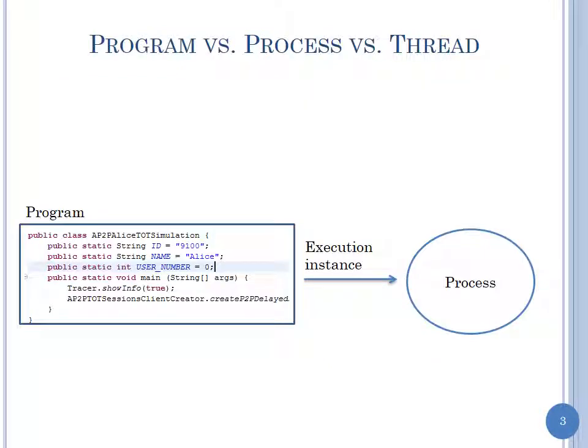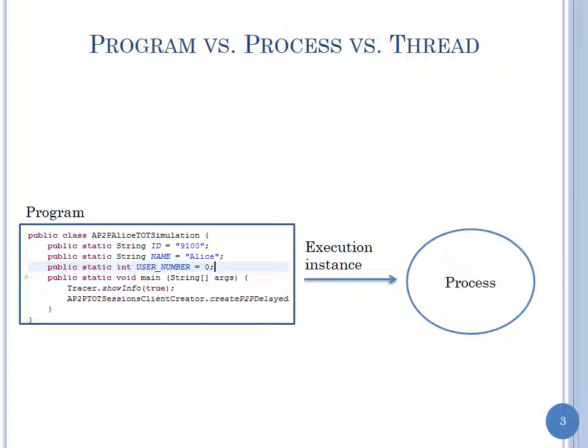And so we defined a process as an execution instance of a program. And the word thread has been used also. So what's the difference between a thread and a process? A process can have multiple threads.